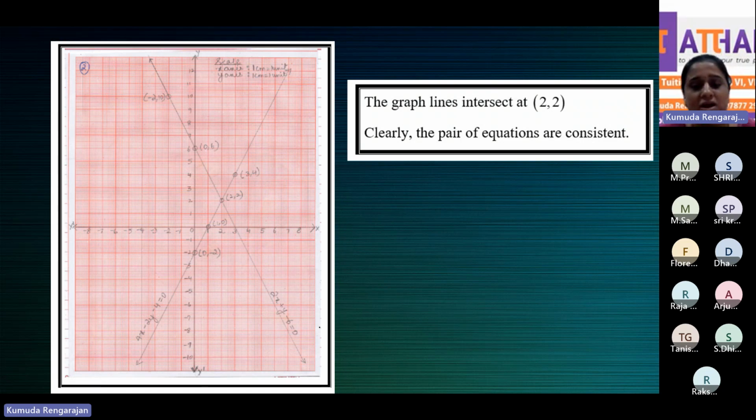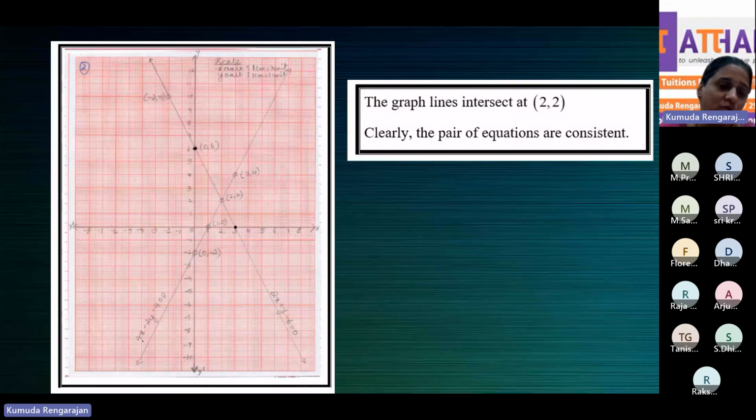Now this line, 2x plus y minus 6 is equal to 0. For all of us, irrespective of what points we have plotted, if we are correct, our lines will cut the x-axis at this point and the y-axis at this point.